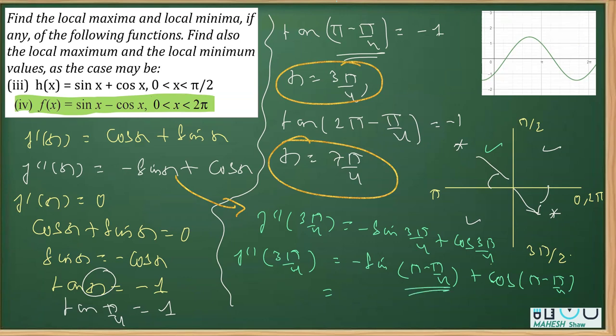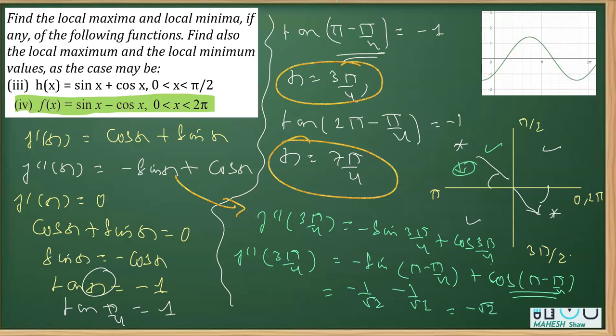That's why we'll get a positive value, positive 1 by root 2, but there is a minus sign outside, so I'll write minus 1 by root 2. Now for this part, this is cos pi by 4, but in the second quadrant, pi minus pi by 4, cos is negative. That's why we'll write minus, and the minus sign will pop out, making this also minus. So what we get here is minus root 2.